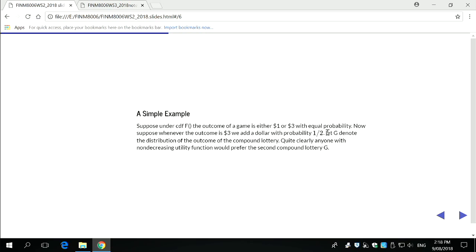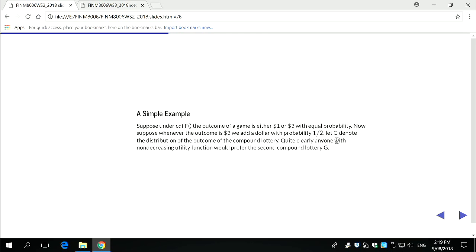Now let G be the distribution of this compounded lottery. It's very clear you would prefer G. You don't really need to think about this, because from the original half and half of $1 and $3, now if it's $3, I get some extra probability of half to get $1 extra. Of course, I like this chance because I'm losing nothing.